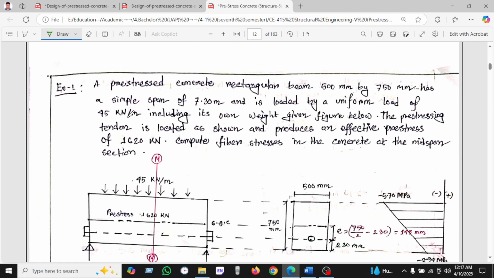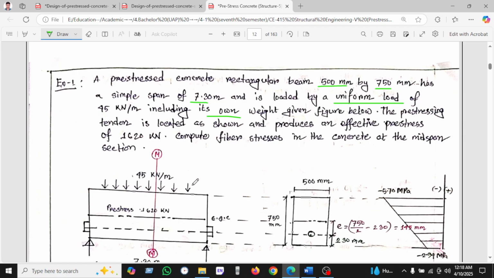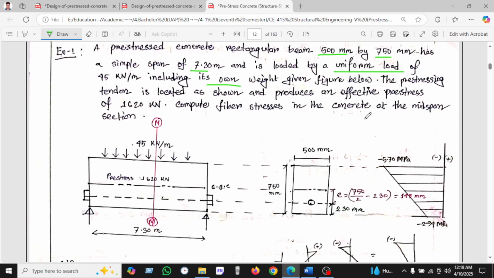The prestressed concrete rectangular beam, 500 millimeter by 750 millimeter, has a simple support span of 7.3 meters, and it is loaded by a uniform load of 45 kilonewton per meter, including its own weight, as given in the figure below. The prestressing tendon is located as shown below, and we can also find the eccentricity here.